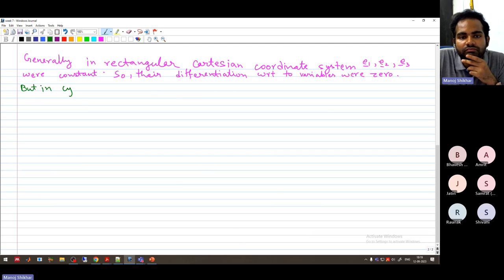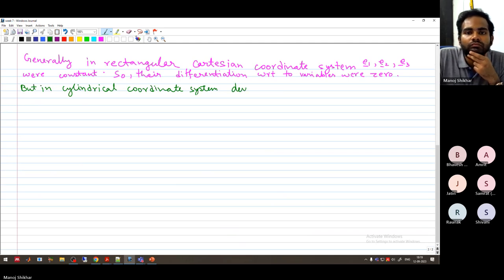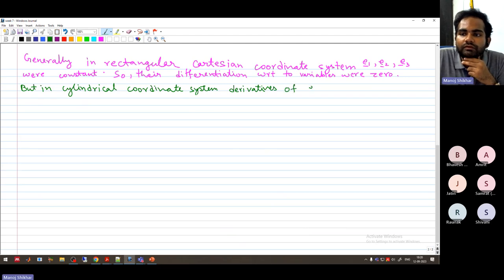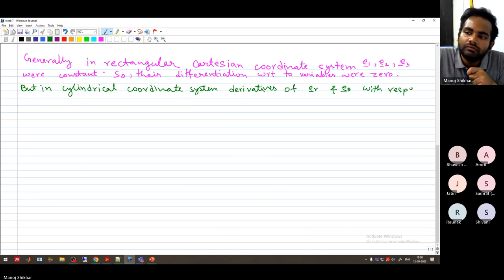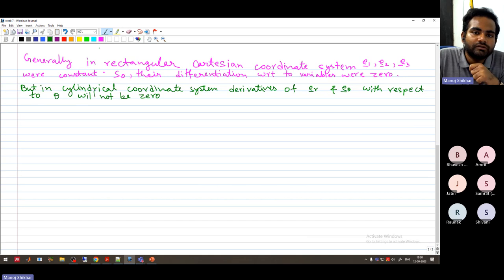But in the cylindrical coordinate system, derivatives of ER and E theta with respect to theta will not be 0.